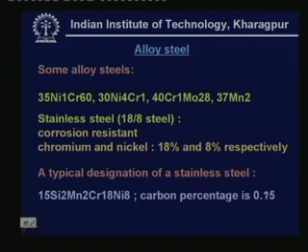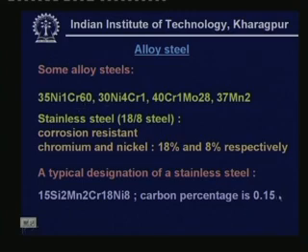In that way, it is given 30 Ni 4 Cr 1, then 40 the strength, then chromium percentage, molybdenum percentage, then 37 Mn 2. That means it has only manganese. This one is a chromium molybdenum steel. This is a nickel chromium steel. It is also a nickel chromium steel, but just by different additions of the percentages of nickel and chromium, your strength has changed.